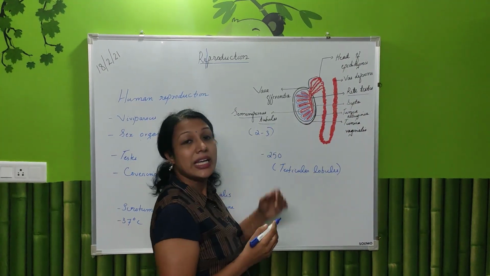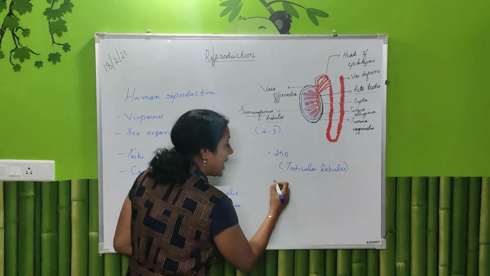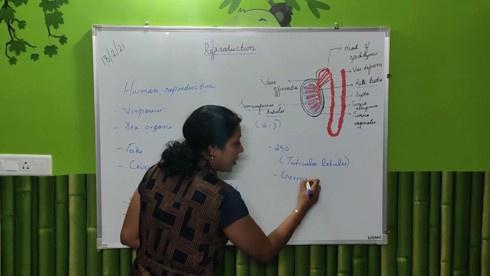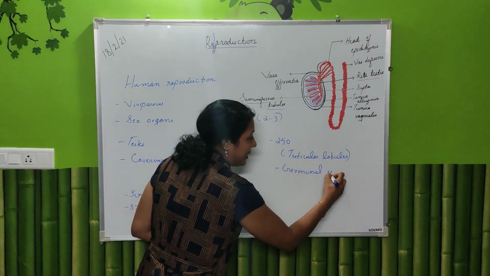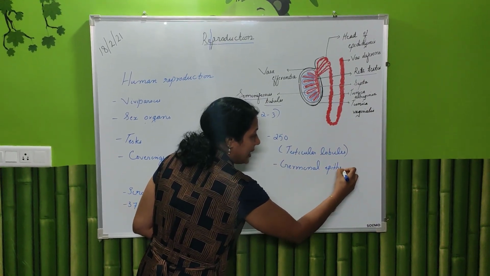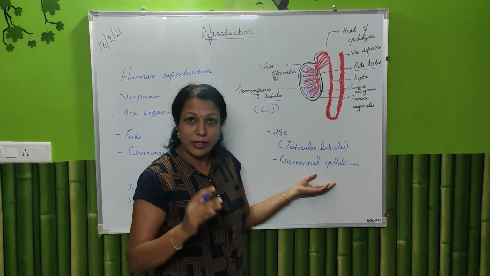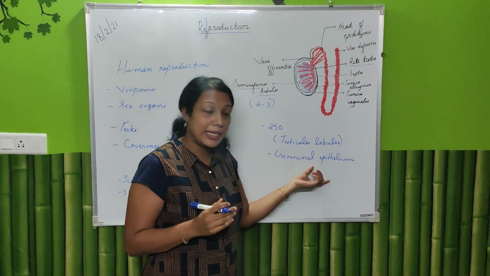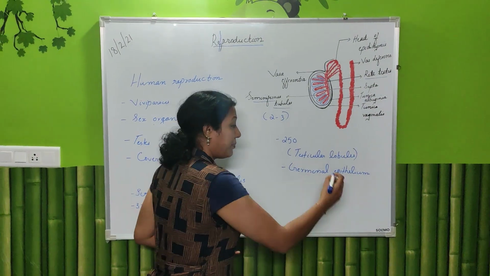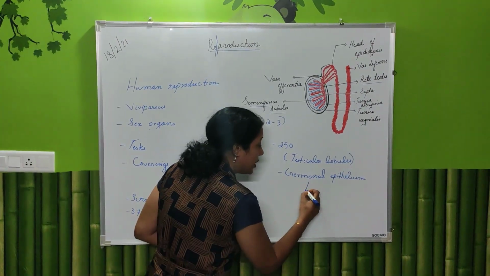Now inside, the seminiferous tubules are lined with germinal epithelium. As the name suggests, epithelium means covering. Epi means outside, thelia means covering. So we have germinal epithelium. This germinal epithelium has two types of cells.